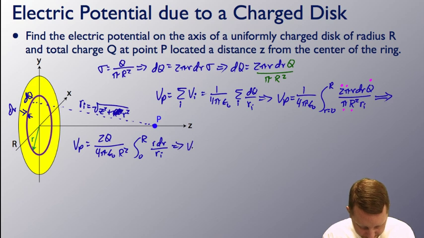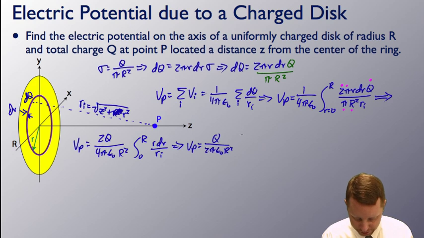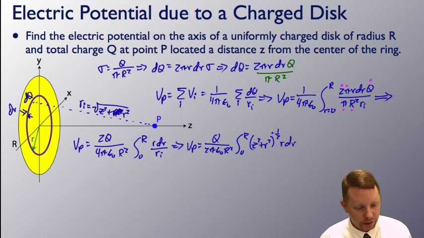So that implies VP equals, well, 2 over 4 is just going to be 1 over 2, so Q over 2 pi epsilon 0 capital R squared, integral from 0 to capital R of z squared plus r squared to the negative 1/2 r dr. Well, I want this to fit the form u to the negative 1/2 du.